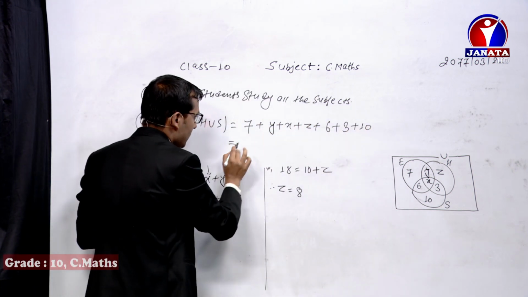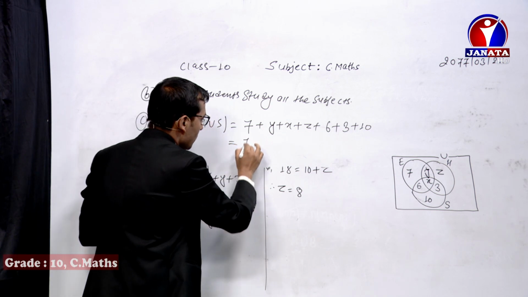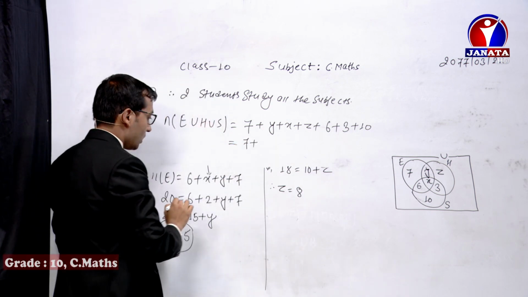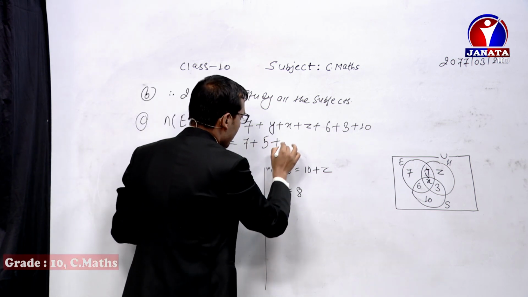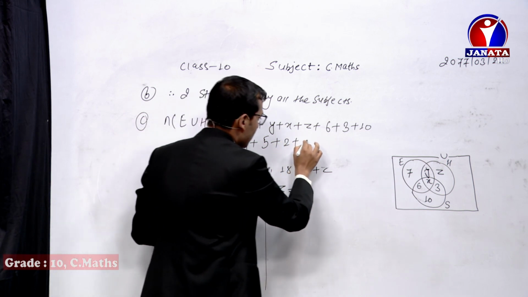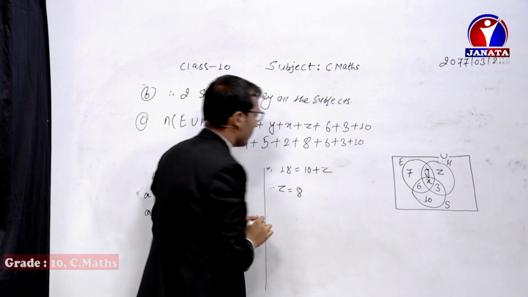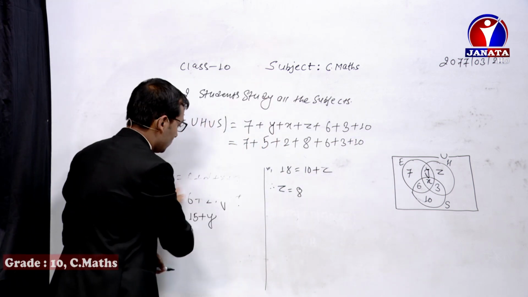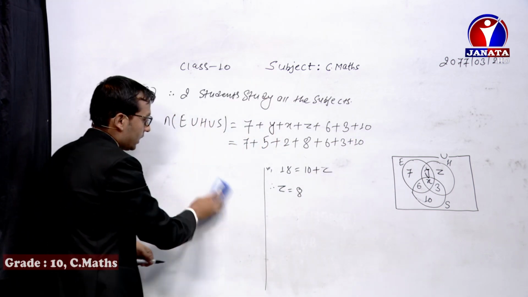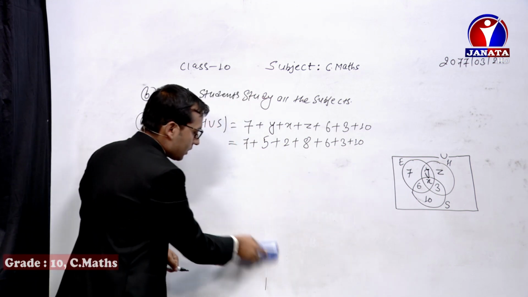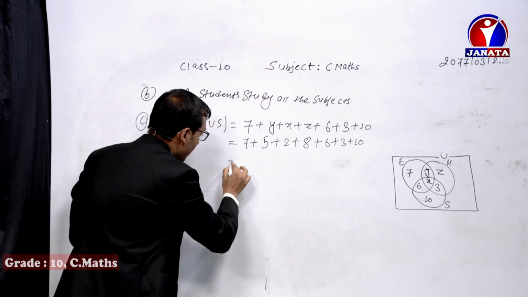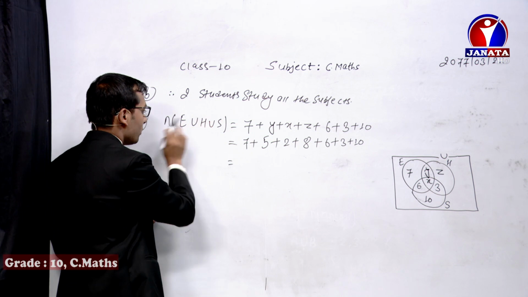Replacing the values: 7 plus y is 5, x is 2, z is 8, plus 6 plus 3 plus 10.